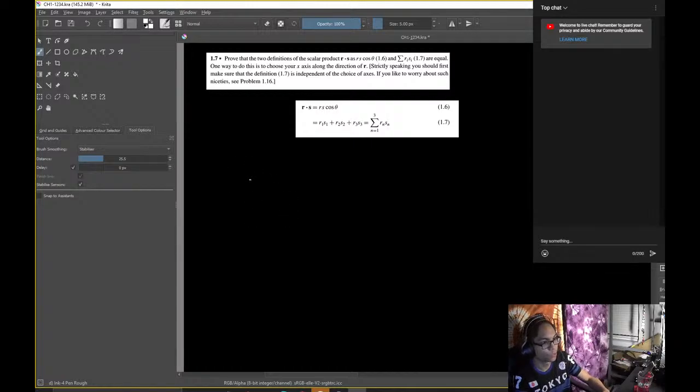Actually, let's draw the graph first. So we have this going that way. R is going that way, some arbitrary vector. And then I'll do some arbitrary vector as well, going that way.